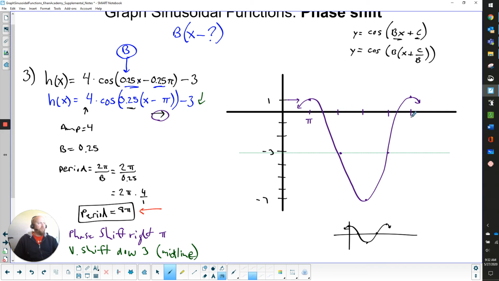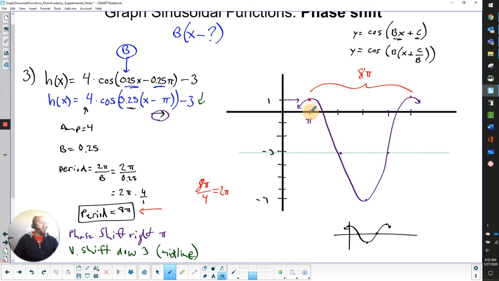Because I know one full period from this point to this point is 8 pi, and I've got 4 equal steps to make, 8 pi cut into 4 equal steps means each step is 2 pi apart.